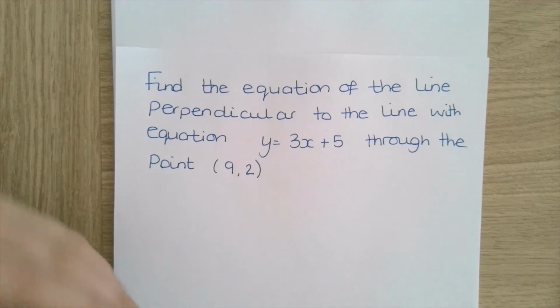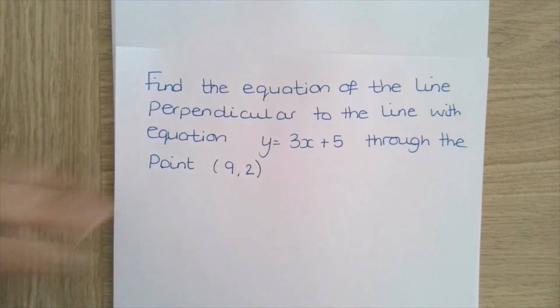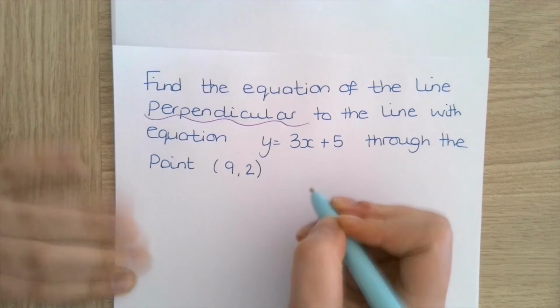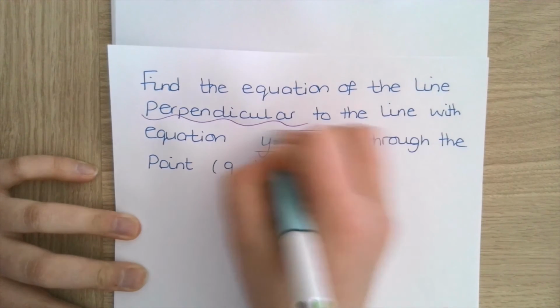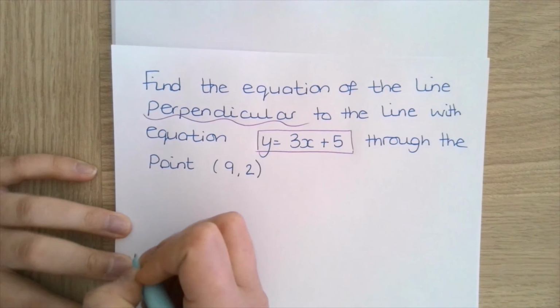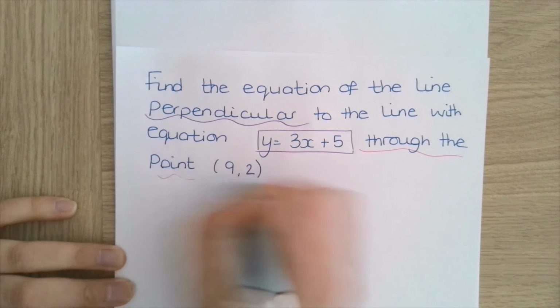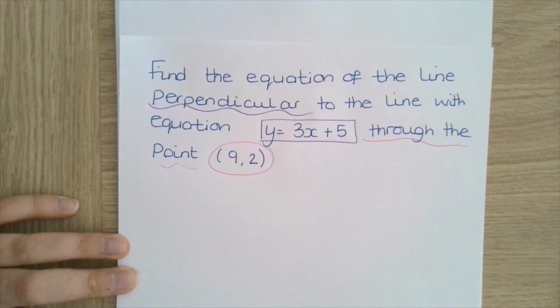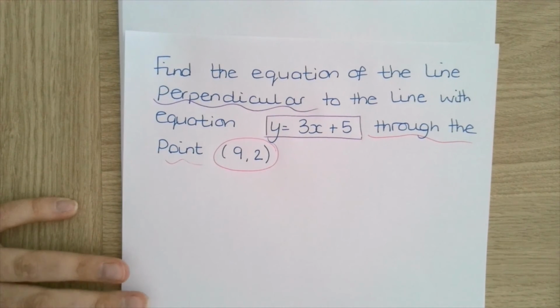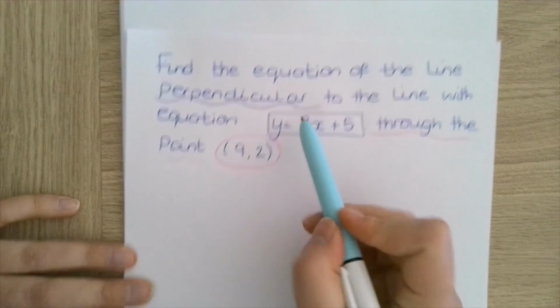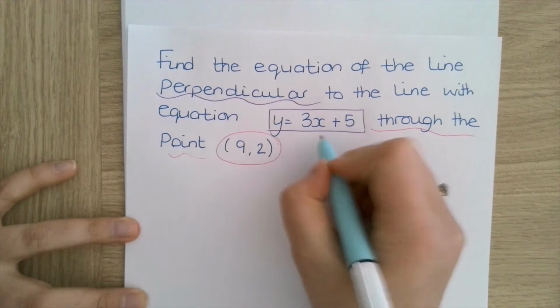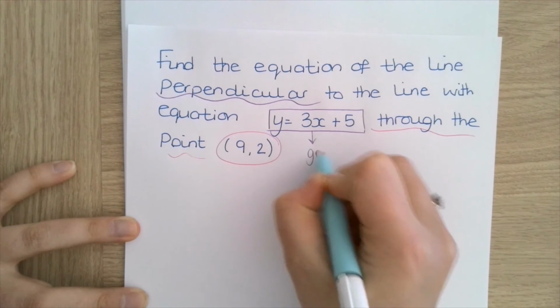Okay, next question. Find the equation of the line that is perpendicular to the line with the equation y equals 3x plus 5 through the point (9, 2). So the gradient of this equation is 3.